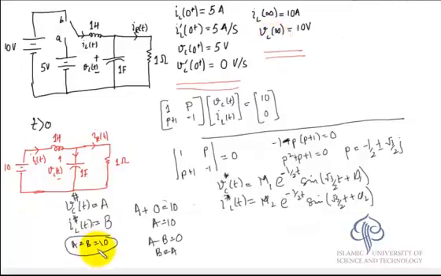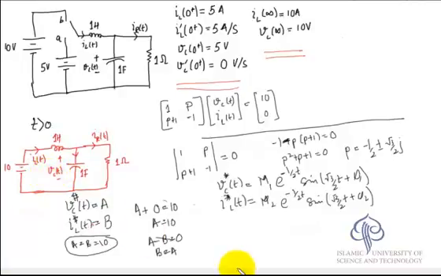The particular integral is going to be 10. So you can find out the particular integral by analyzing the differential equation, or you can find it by looking at the circuit and seeing what are the values of the variables that are going to remain after a long time. That is the particular integral.